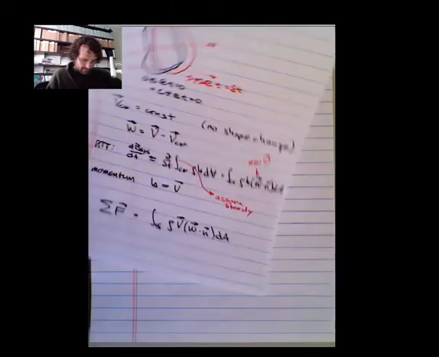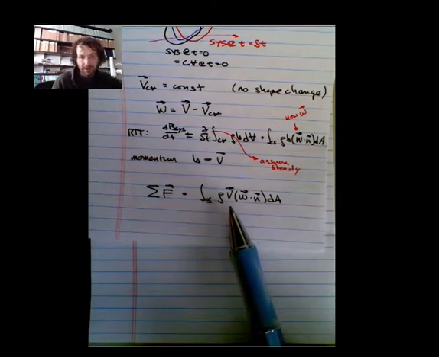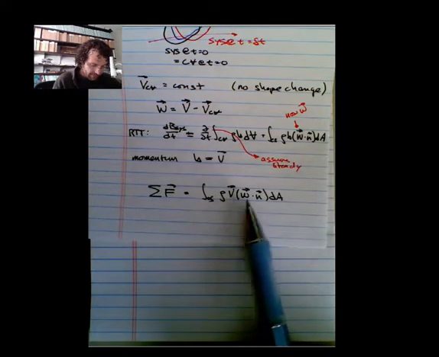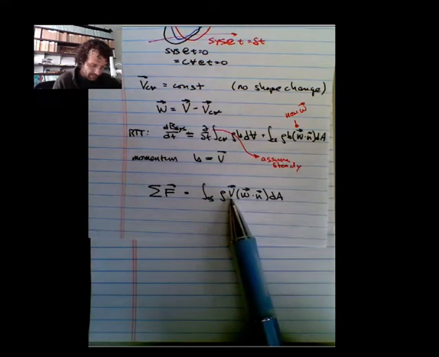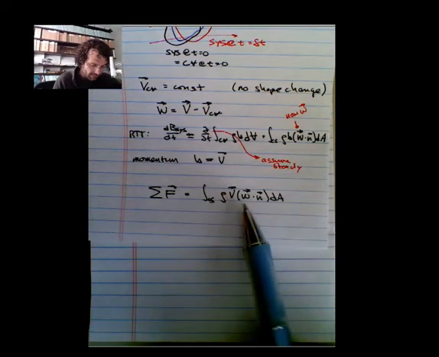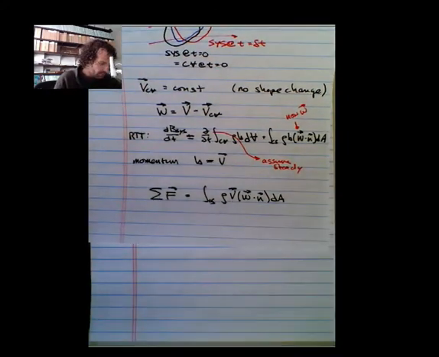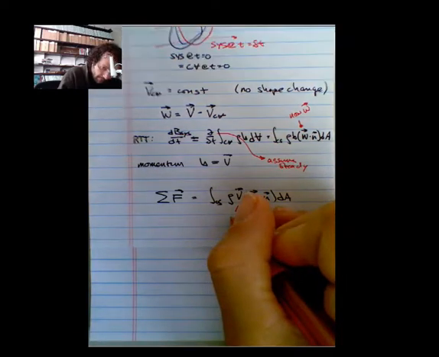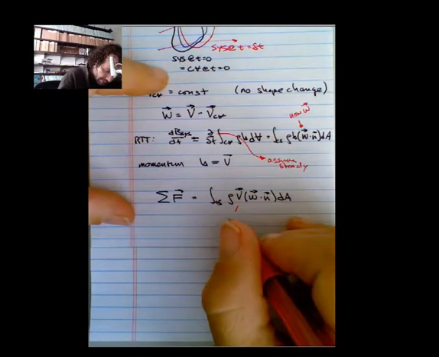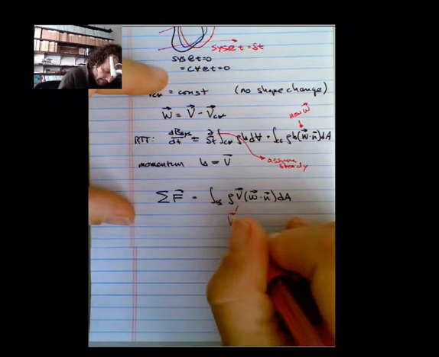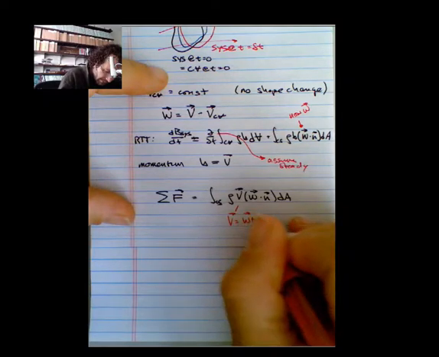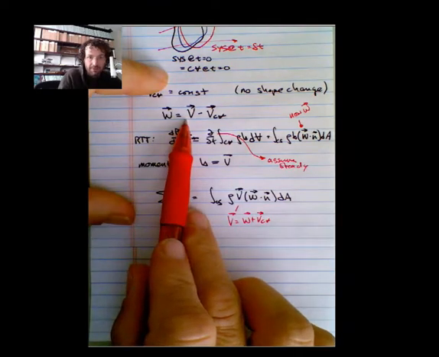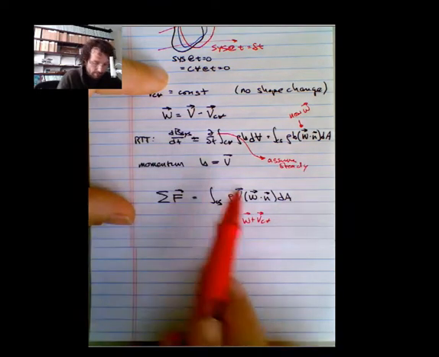The next step, what I want to do is say, you know what, this is really kind of confusing. I have two different velocities. Well, it turns out that the difference makes no contribution. I'll show you why. So what I'm going to say is this V is equal to W plus V control volume. So I just go back up to this definition of this frame change and replace that V with that.